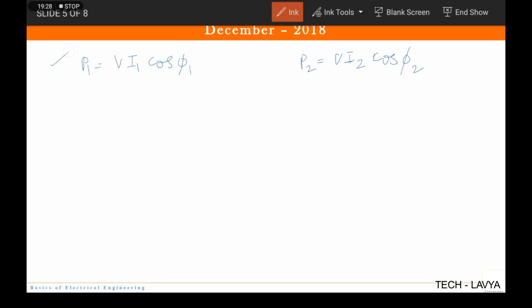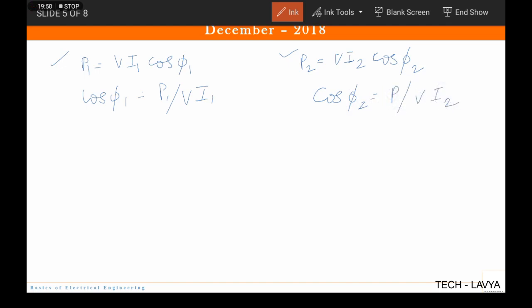Correct? So I have calculated P1 and P2. So what I will do? I will do cos phi 1 is equal to P1 upon VI1. Similarly, here cos phi 2 will be P2 upon VI2.